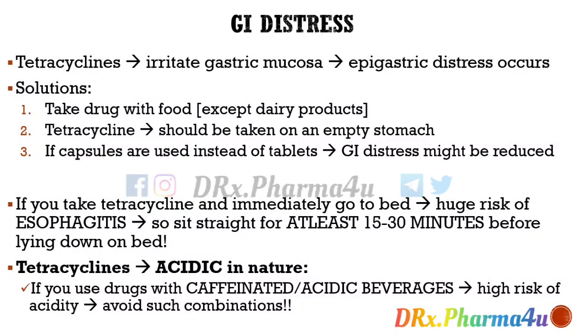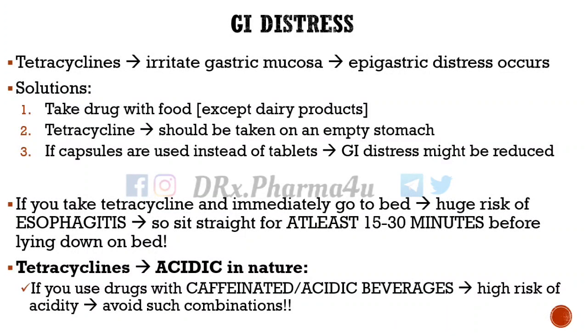If you immediately go to bed, there is a high risk of esophagitis, that means inflammation of the esophagus. So, just like for bisphosphonates, we advise patients to take this medicine and sit upright for 15 to 30 minutes. After that, you can go to bed.